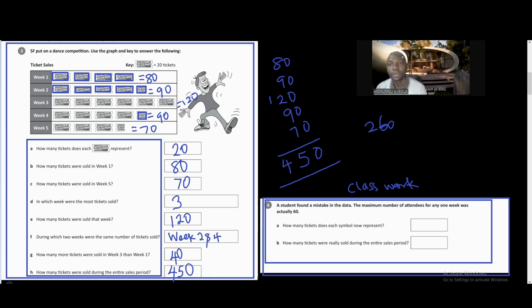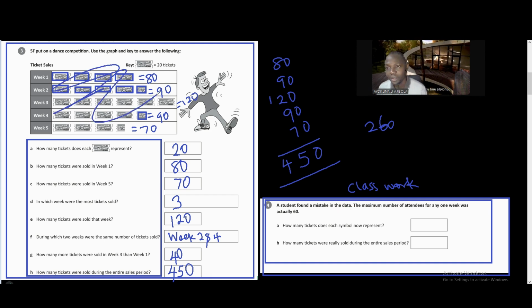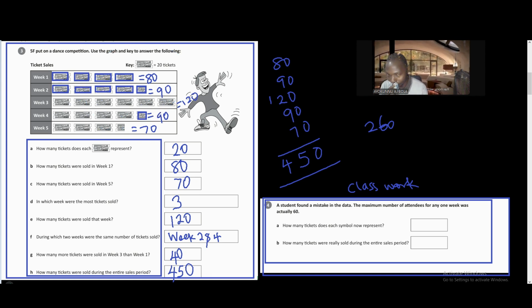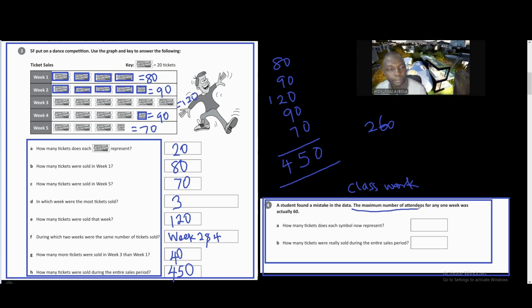You know what that question is saying? A student found a mistake in the data, this data, okay? Now, he found that the maximum number of attendees for any 1 week was actually 60.